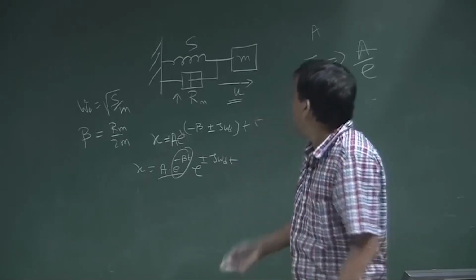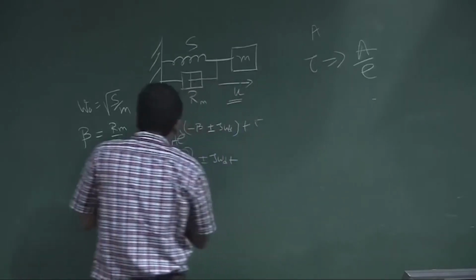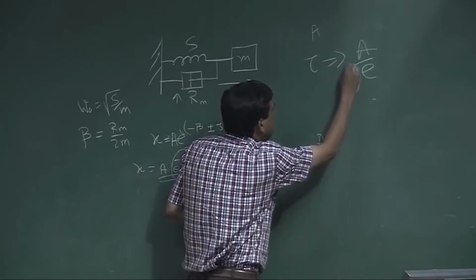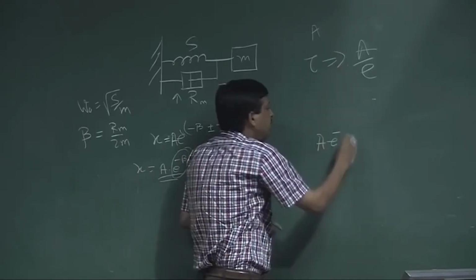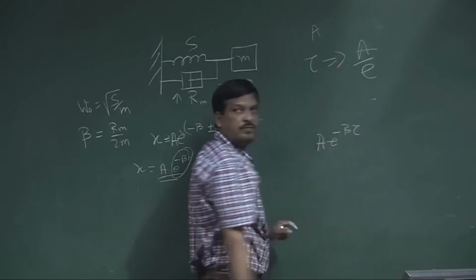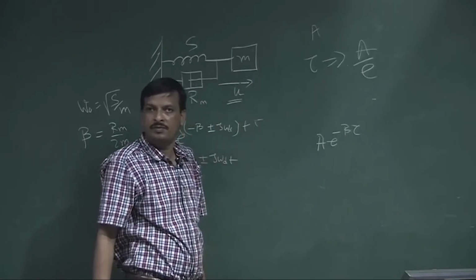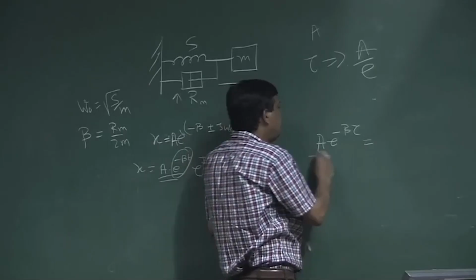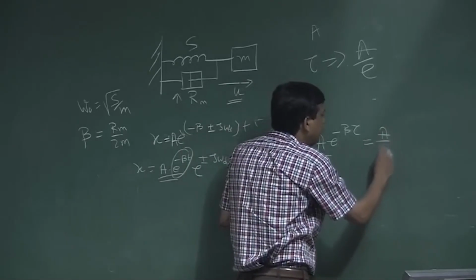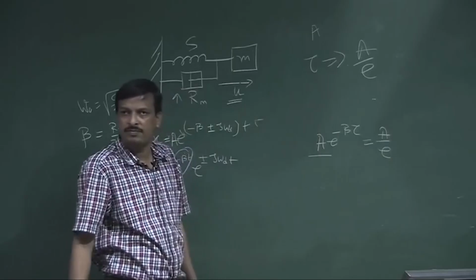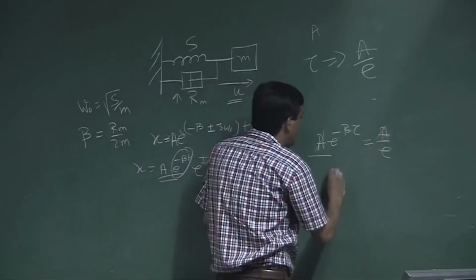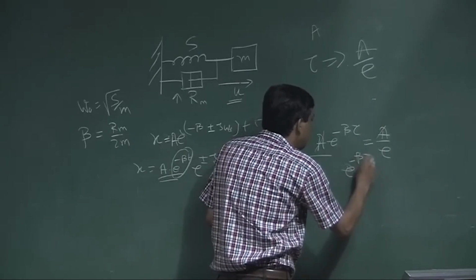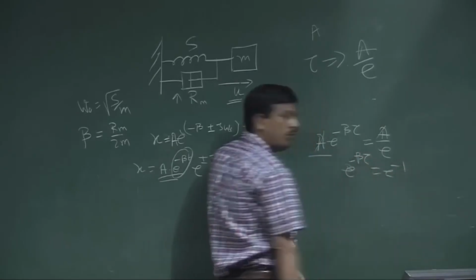Okay. Now, what is the amplitude? It is A e to the power minus beta t; at t equal to tau, it is A e to the power minus beta tau. As per the definition, this must be equal to A by e. So, A cancels, and e to the power minus beta tau is nothing but e to the power minus 1.